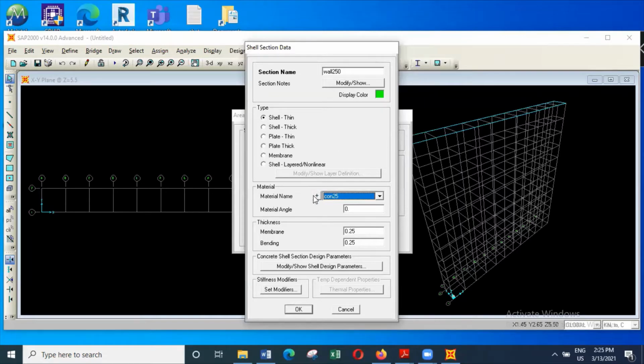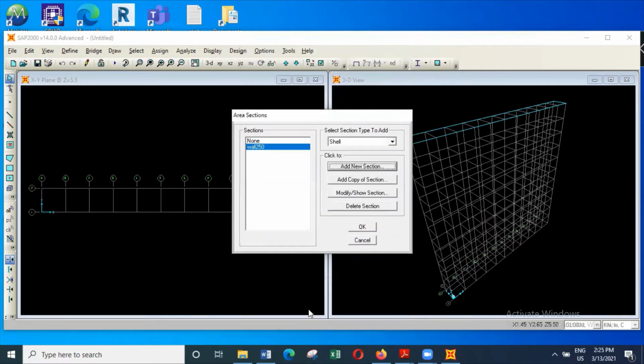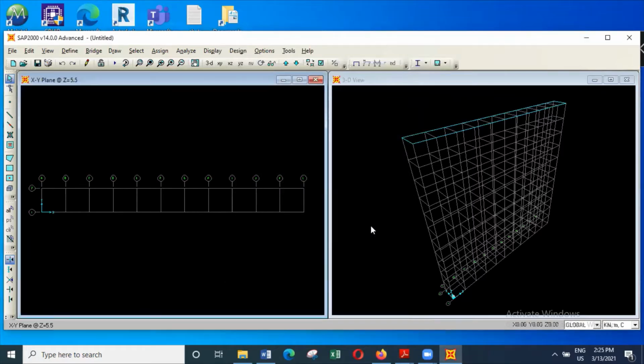So you have 25 megapascal concrete and wall thickness of 250 millimeters, and you can say okay. And now we have to create the shell elements to represent the wall.